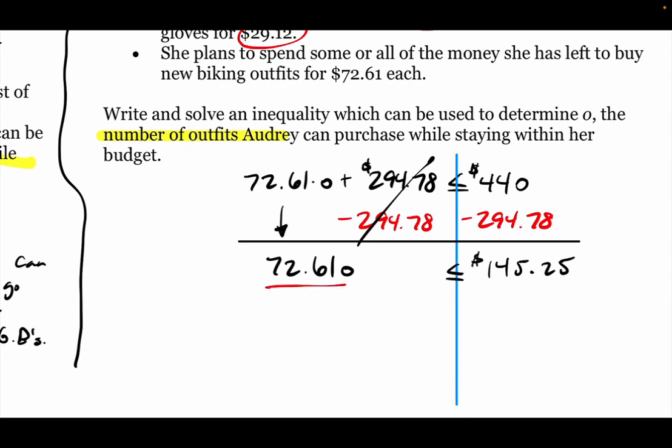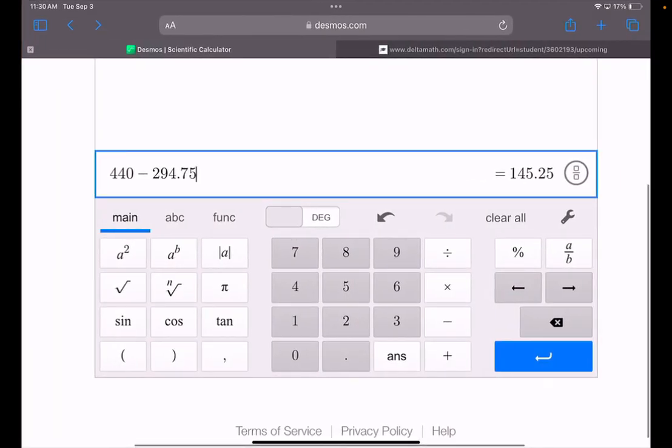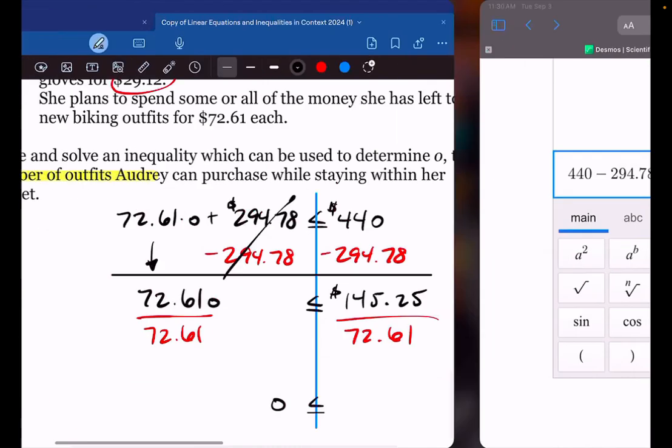Divide. I think I'm going to get a decimal on this one, right? No, it's 2. Is it 2? Wait, no, I subtracted wrong. I put 75, it was supposed to be 78. So it's supposed to be 145.22.